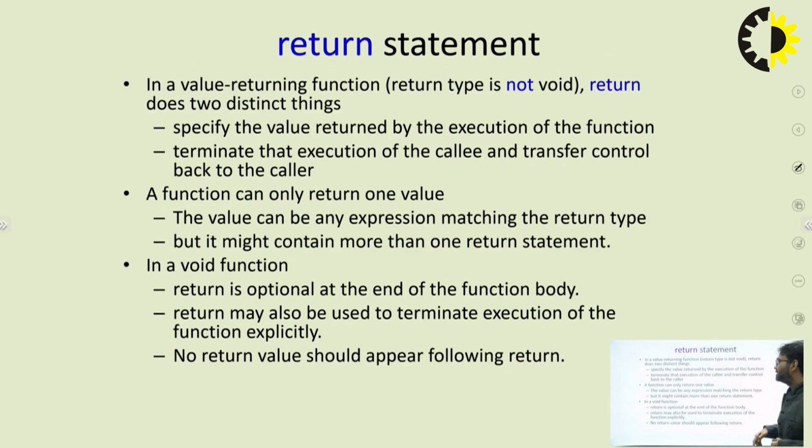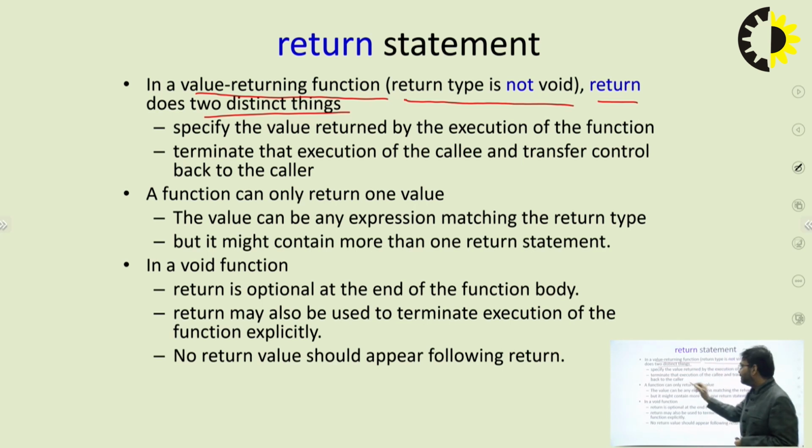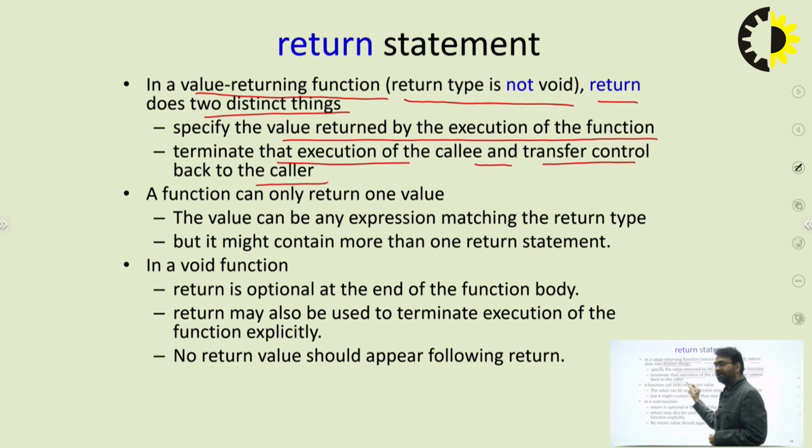Now, the return statement. What is the use of the return statement? The return statement is used to return something or return control to the calling function. So in a value-returning function, where the return type is not void, return does two distinct things: specify the value returned by the execution of the function, and terminate the execution of the callee and transfer control back to the caller function.